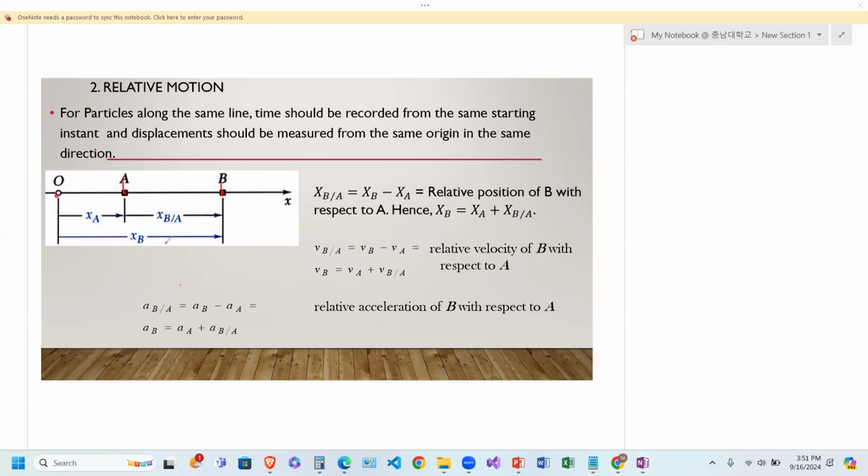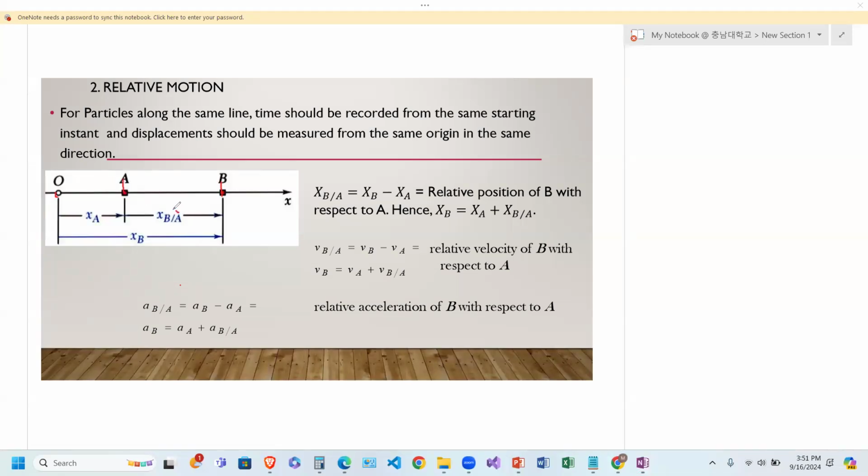That means we have the distance from O to A, called XA, and the distance measured from point O to point B, called XB, implying that the distance of B relative to A is given by XB/A.